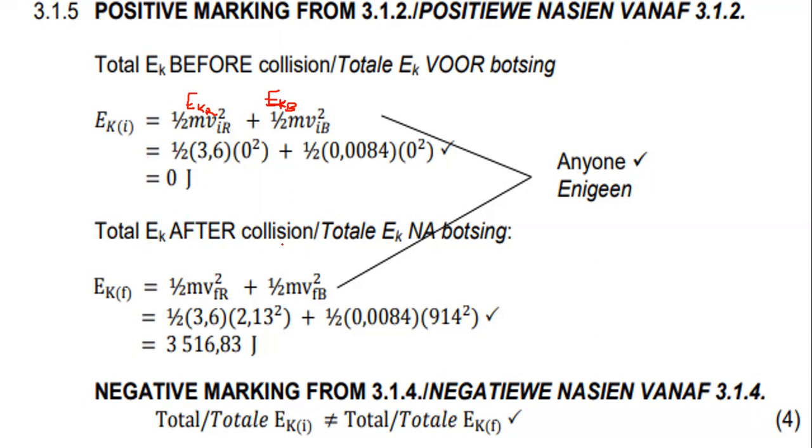Then we go again, we get the total kinetic energy after the collision. So EK is equal to still the kinetic energy of the rifle and the kinetic energy of the bullet. And this is after the collision, which is after the firing. So after the firing, this is half mvf squared plus half mvf squared, but this is for the rifle, that is for the bullet.